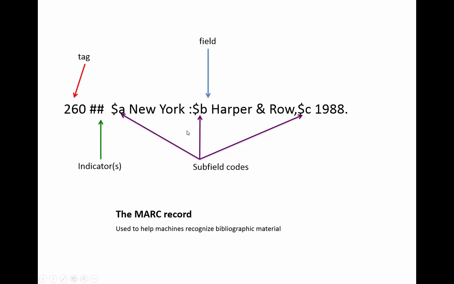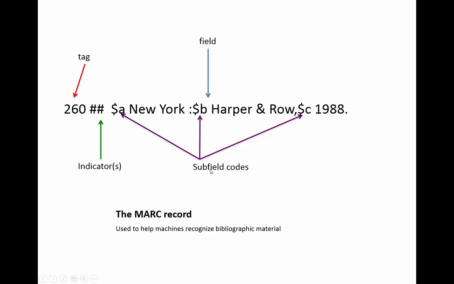So as we're looking at this publication information, the $A subfield code tells me that following this code, since this is the publication information tag, I'm going to find the place of publication. Following the B code, I'm going to find the actual publisher subfield. Following the C subfield code, I'm going to find the date of publication.